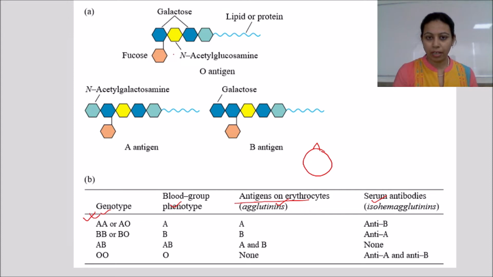In the last video of ABO blood group typing, I explained that three different types of antigens will be there. In the O antigen, the sequence of the carbohydrate is common to A as well as B. The only difference was the presence of N-acetylgalactosamine in A, and in the B antigen it was galactose.